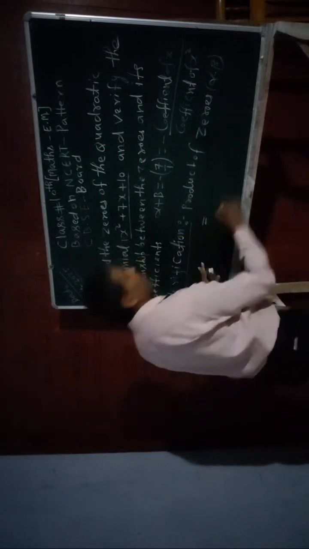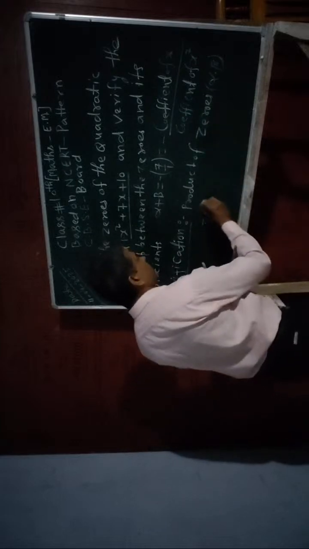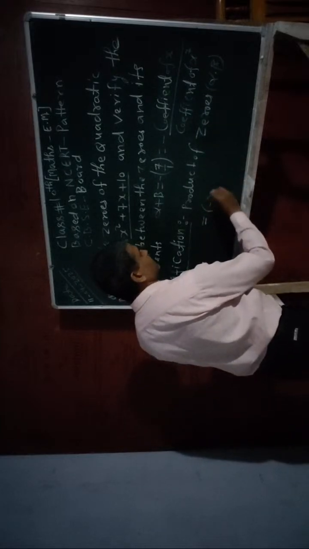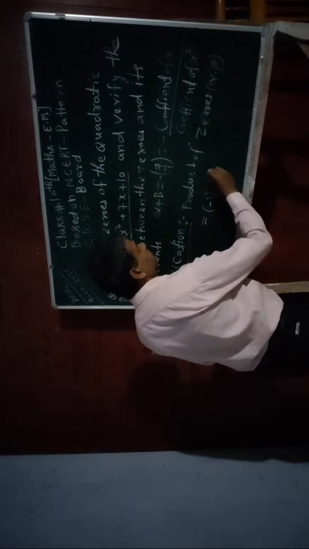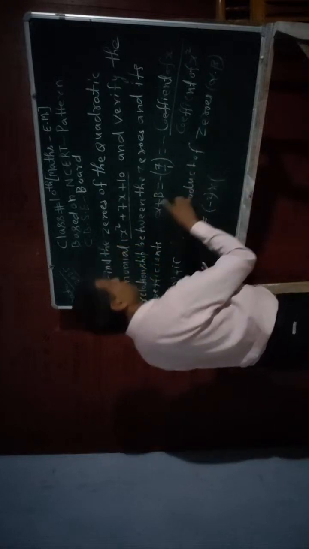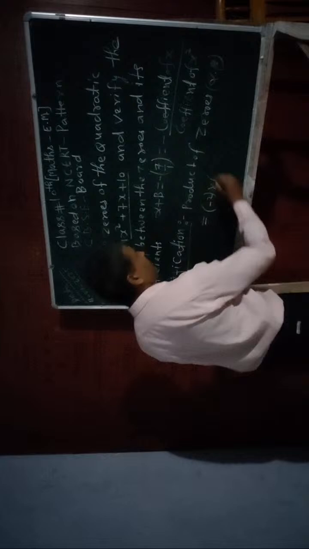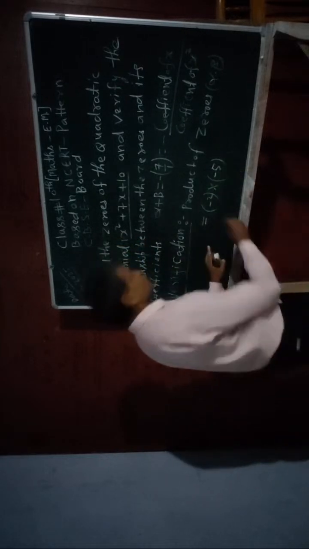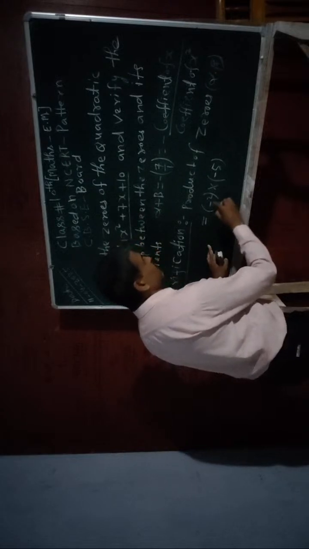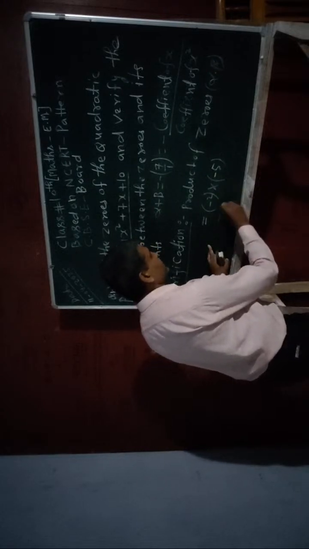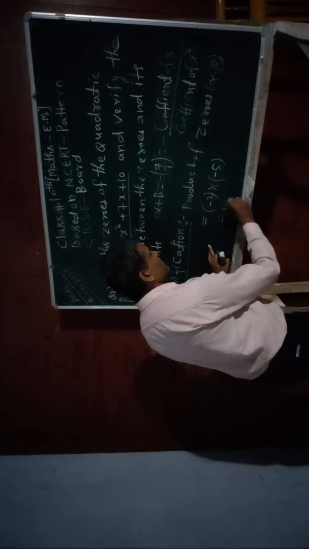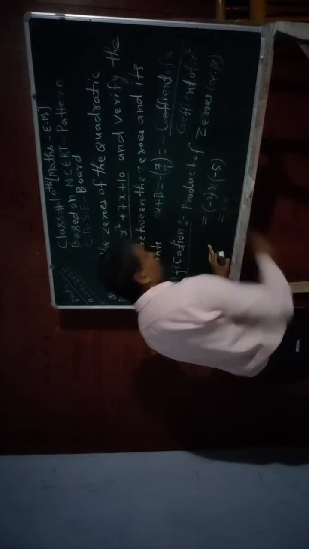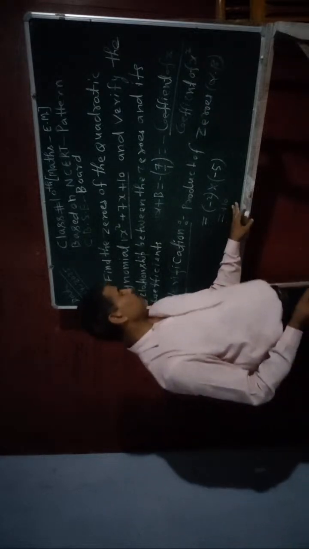Therefore, for the product of two zeros, I will write the value of alpha, which is -2, into the value of beta, which is -5. I will take its multiplication. Minus into minus becomes plus, and 5 into 2 becomes 10.